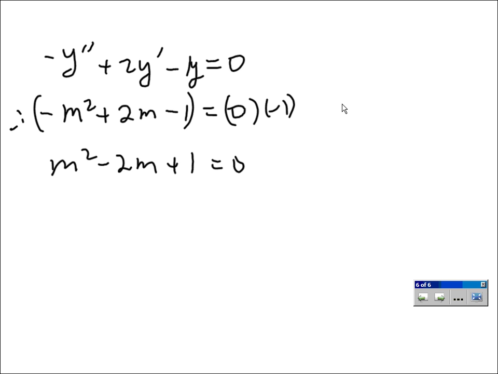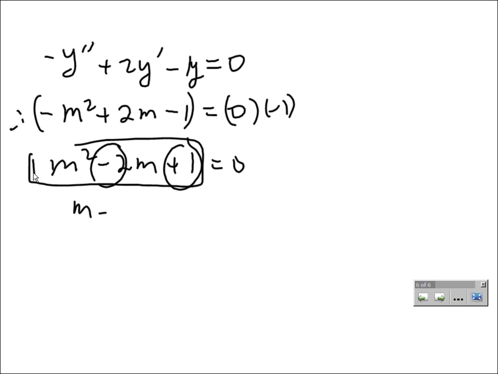Now, this quadratic equation, I hope you realize is factorable. Since there's an understood 1 in the front, I want two numbers that multiply out to 1 that add up to -2. Those numbers are both -1. That is, this equation here is just m minus 1 squared equals 0.